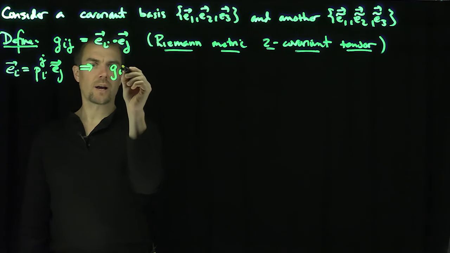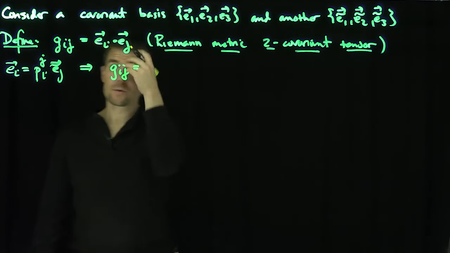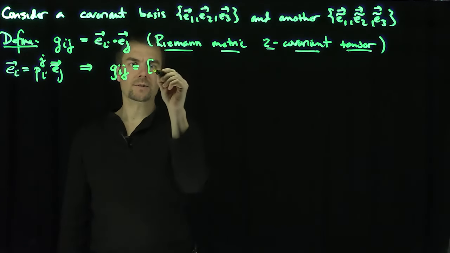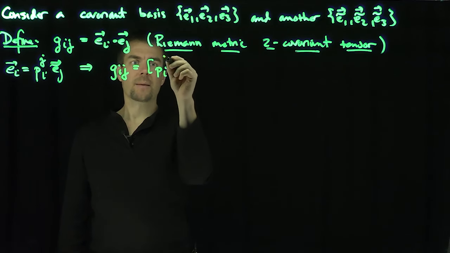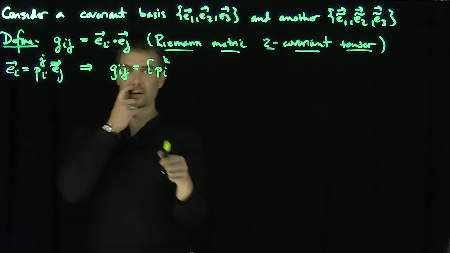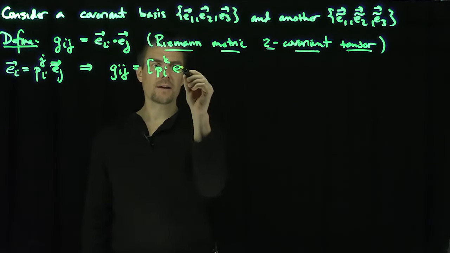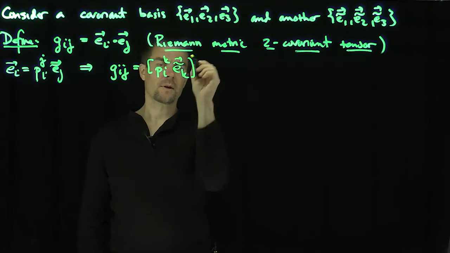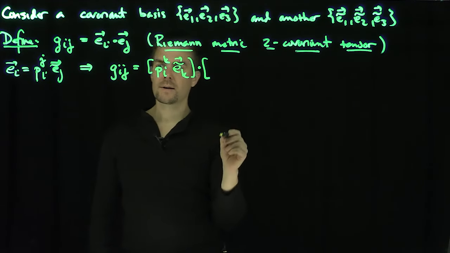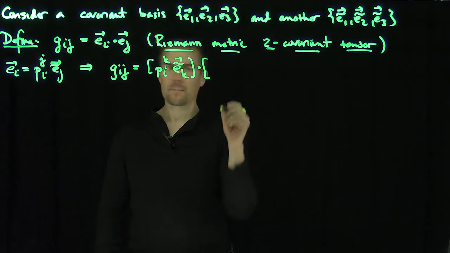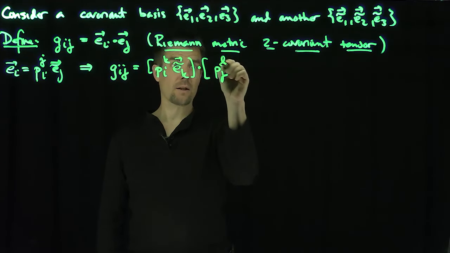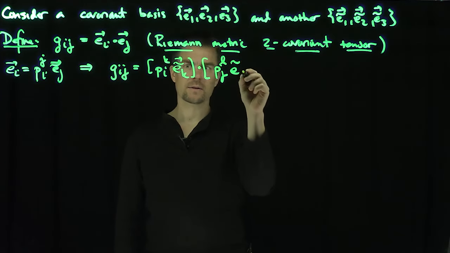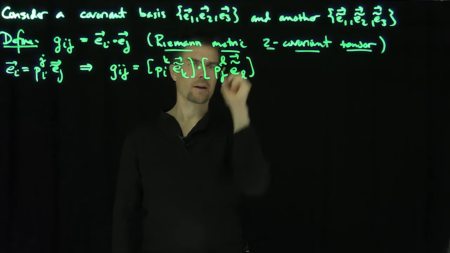Then I have that Gij is going to be what? It's going to be Ei dot Ej, which I'm going to write as Pi, and I'm going to put a K over here because I'm using J as an index over here, and then E tilde K, dot product with PJ, and then put an L over here, and then E tilde L, like that.